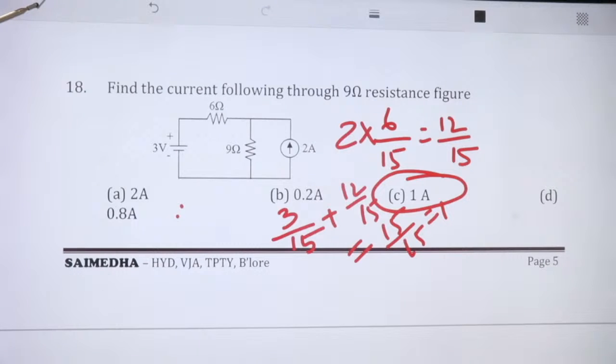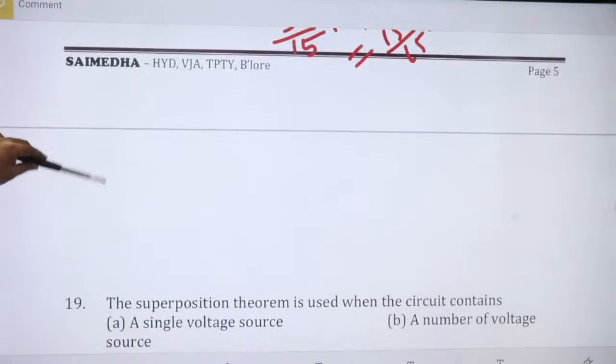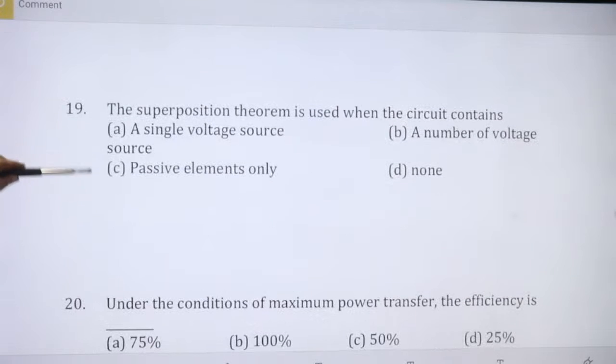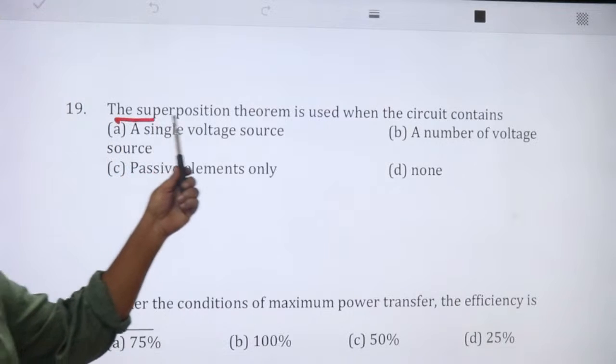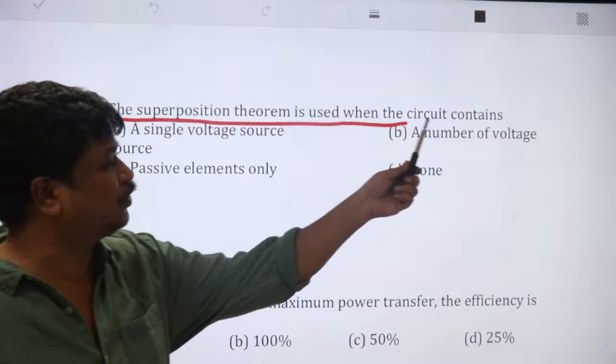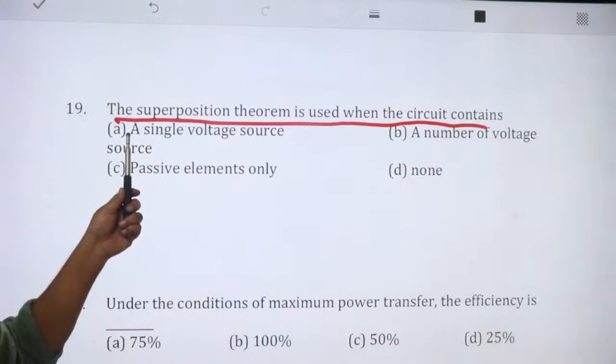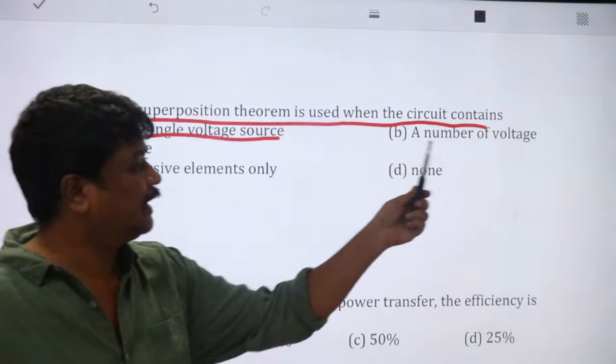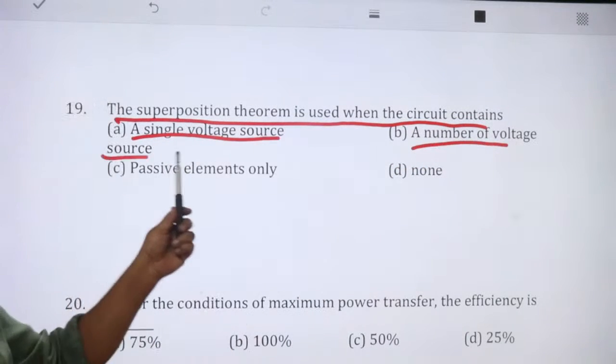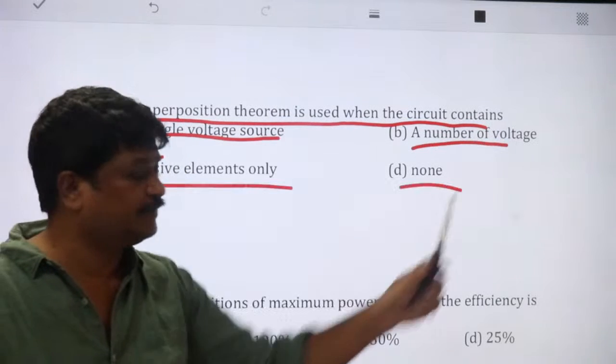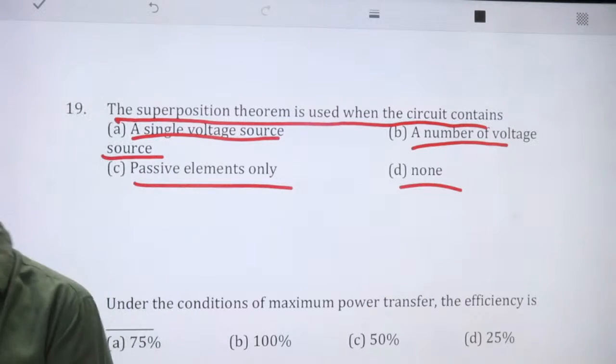Right, all of you. Next. The superposition theorem is used when the circuit contains a single voltage source, a number of voltage sources, passive elements only, or none of these. What would be the answer for this?